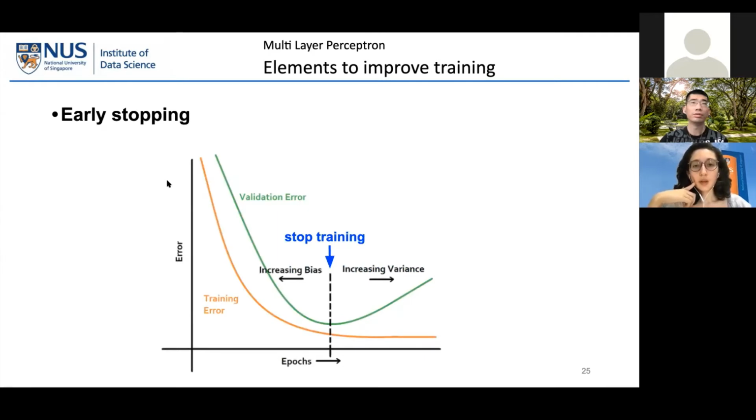And another thing that you can use during training is early stopping. So the idea when you train a multi-layer perceptron or a neural network, so you have some libraries where you can really monitor the error. So you can really see what is the error depending on how many epochs or how many iterations on your data sets you have.